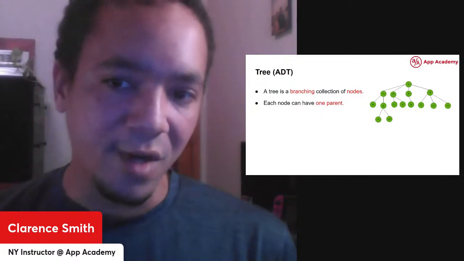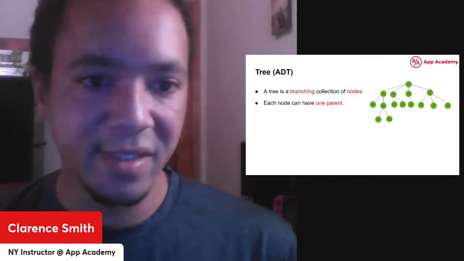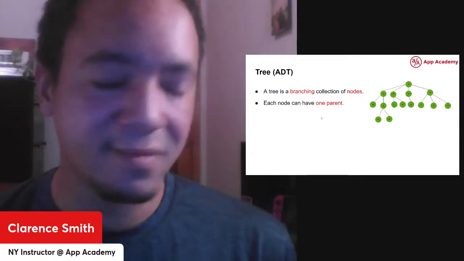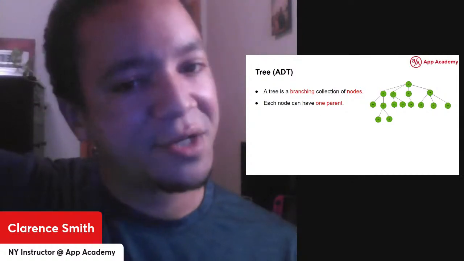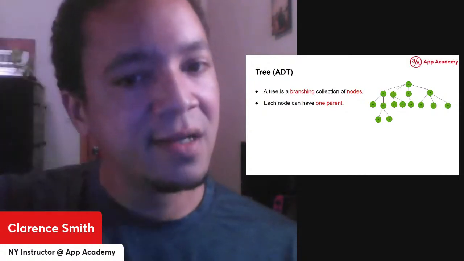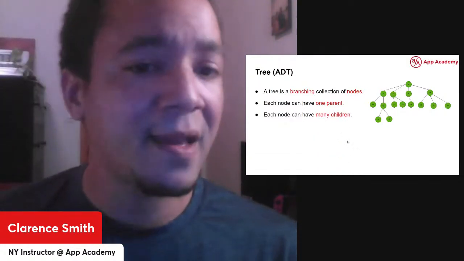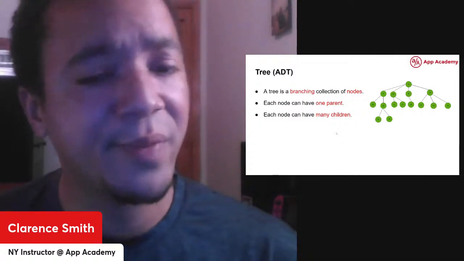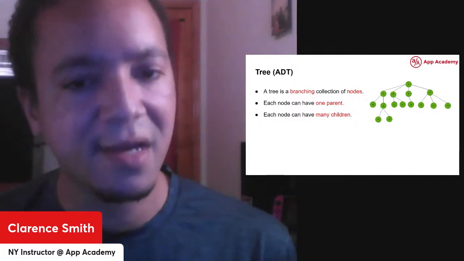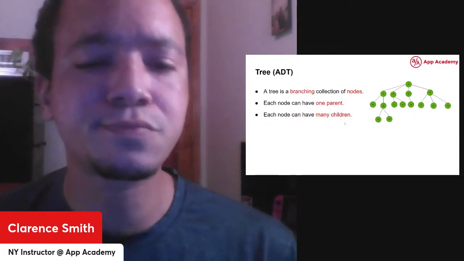Every node can have one parent. So again, going back to the idea of family trees, the parents generally go up high on that tree, and as you come down, it's their children. Every node can have many children. They can only have one parent, so it's not like a family tree. You can only have one parent, not two.